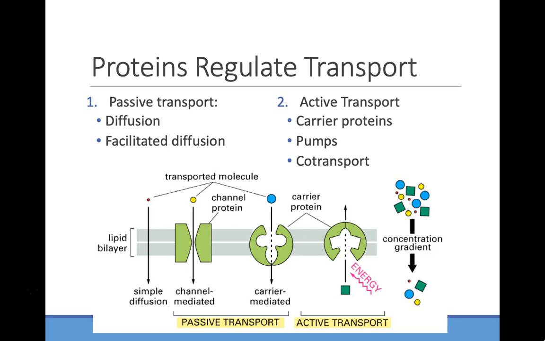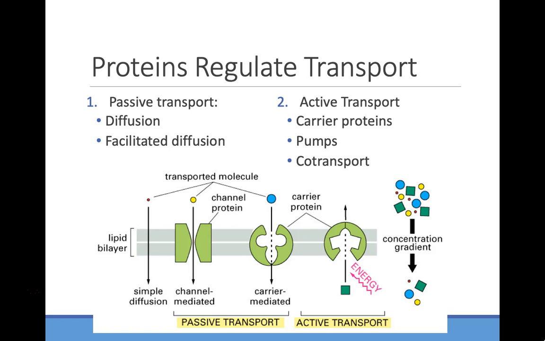We'll talk about diffusion in just a minute, but basically it's movement from an area of high concentration to an area of low concentration. They pass through a channel or a carrier protein, or even straight through that lipid bilayer, simply based on differences in concentration gradient. So diffusion can move straight through a plasma membrane.